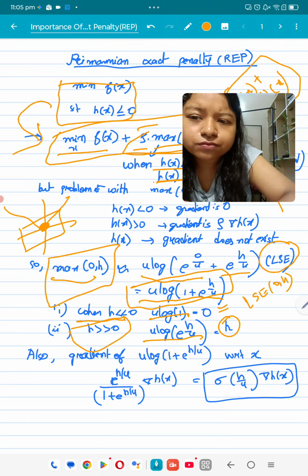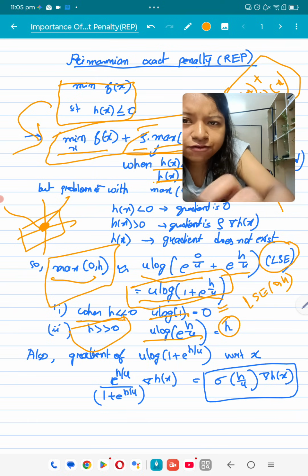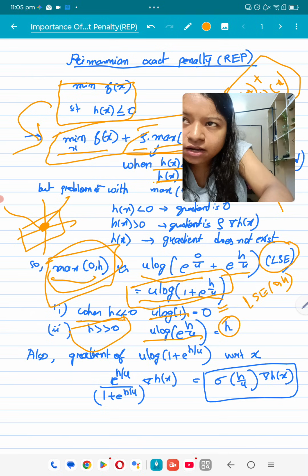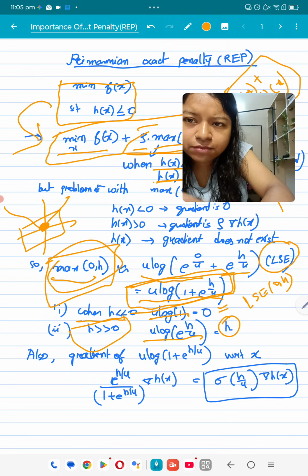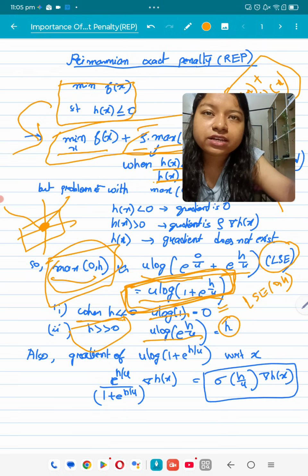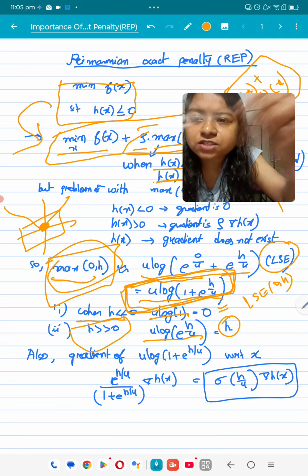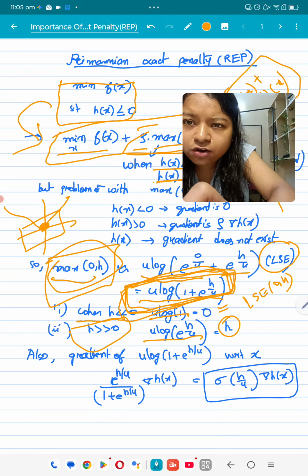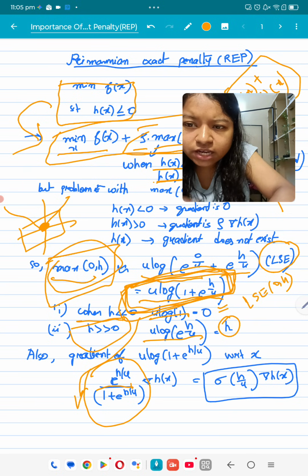So now after replacing this, our max term is replaced by this term, right? Now we were worried that at 0 the gradient doesn't exist. So let's find the gradient of this term now. If we find the gradient of this term, we get e to the power h by u by 1 plus e to the power h by u into gradient of h of x.